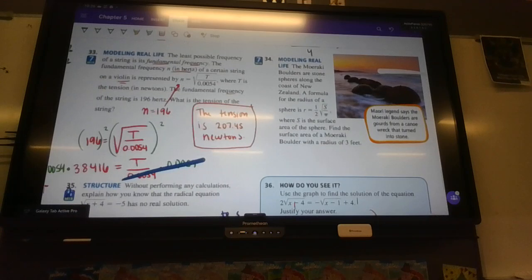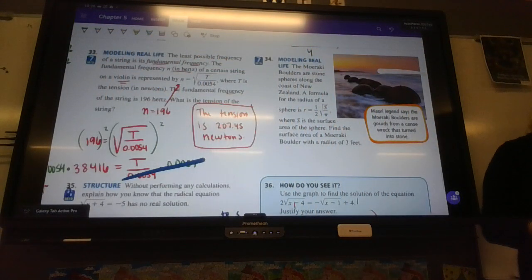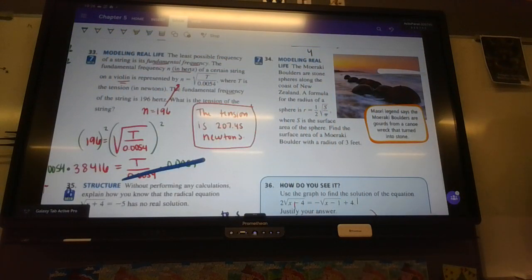The Moeraki boulders are stone spheres along the coast of New Zealand. The formula for radius of a sphere has a square root in it. Does anybody know the formula for the area of a circle? We're close. It's something like that.